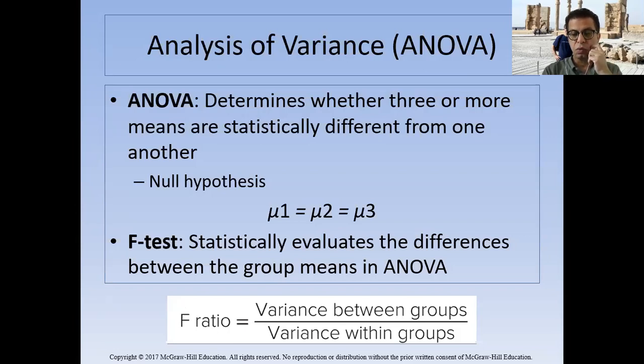We will talk about it mostly in the next class, which is the variance between groups and variance within the group. So you do the ANOVA of the variance between two different groups.